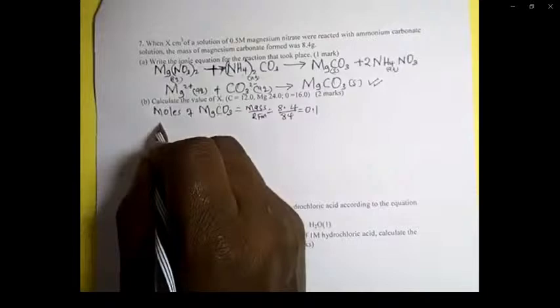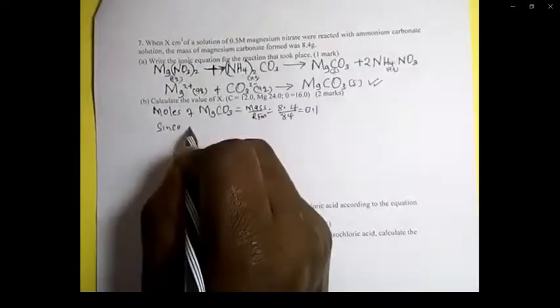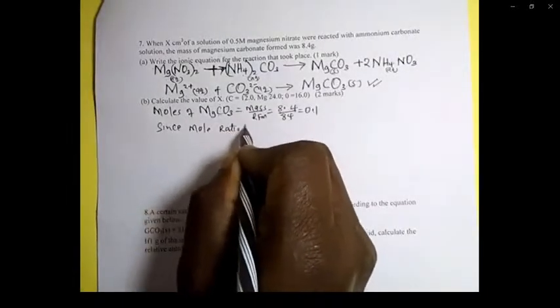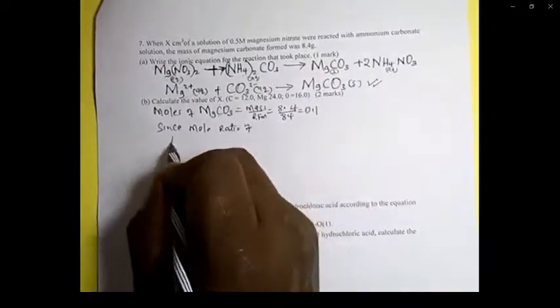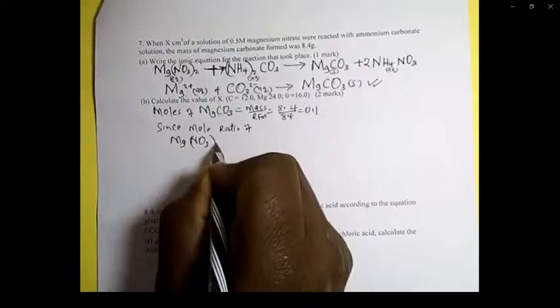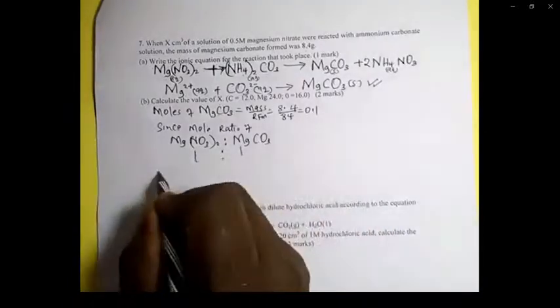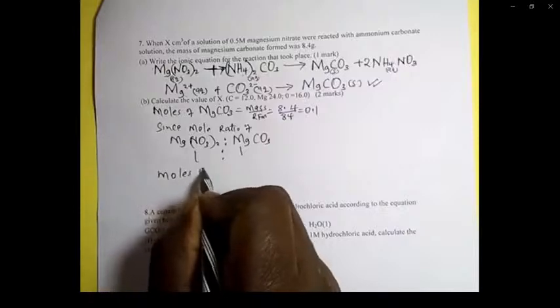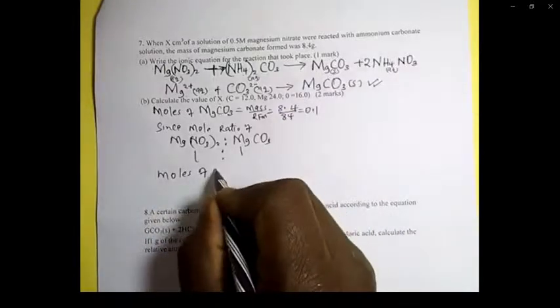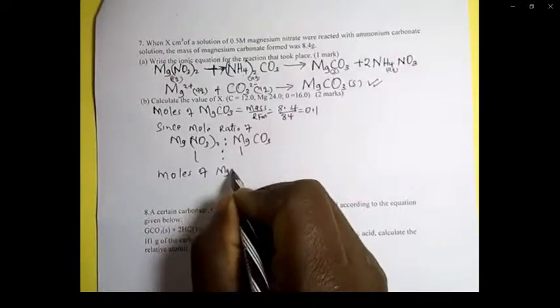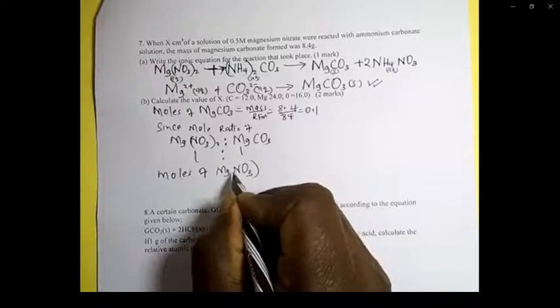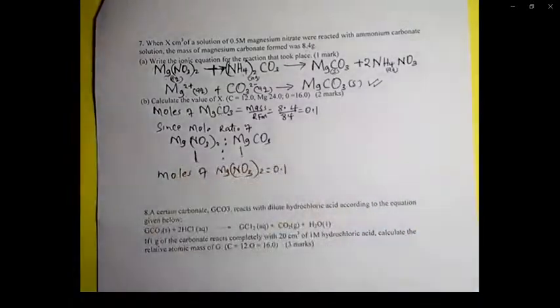Since the mole ratio of magnesium nitrate to that of magnesium carbonate is 1 to 1, moles of magnesium nitrate equal 0.1.